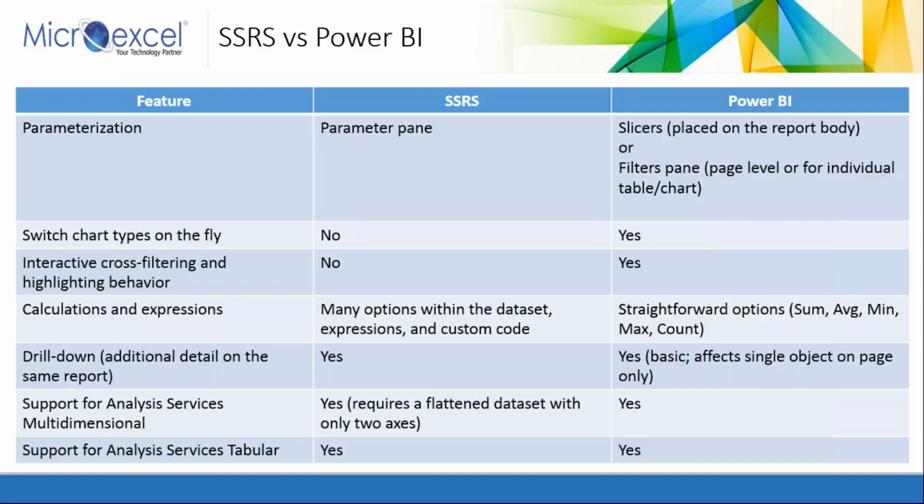It has in-memory functionality available. Only two things are not available in SSRS with respect to Power BI: on-the-fly changing of the chart, and interactive cross-filtering and highlighting behavior, which is available in SSRS but you have to do custom coding for that.